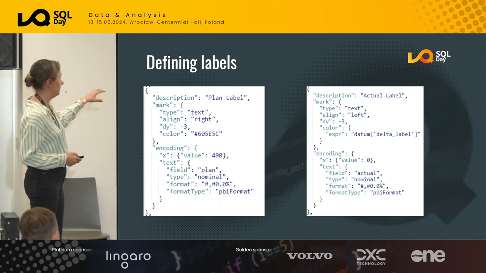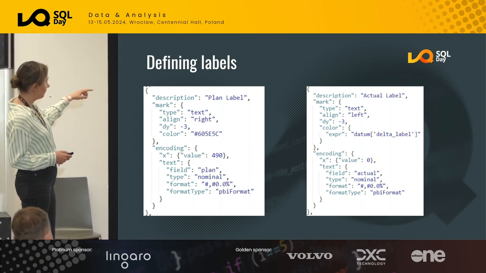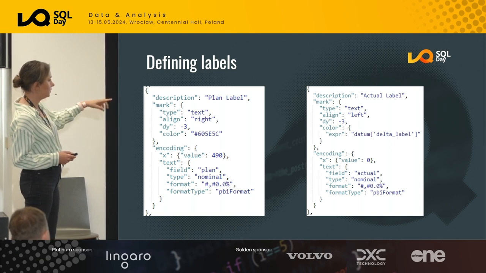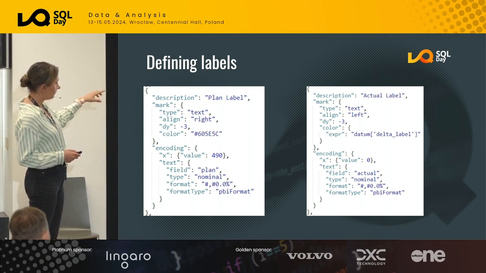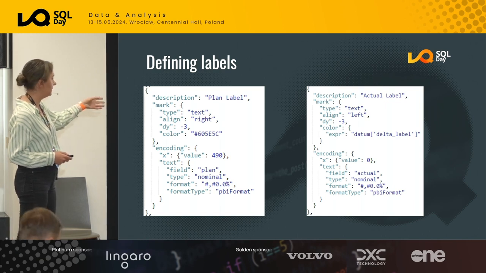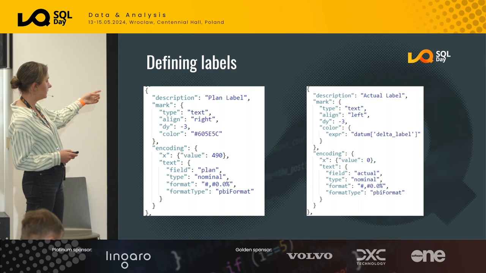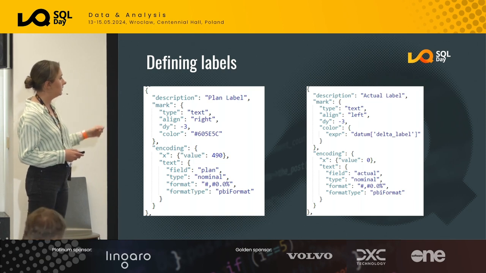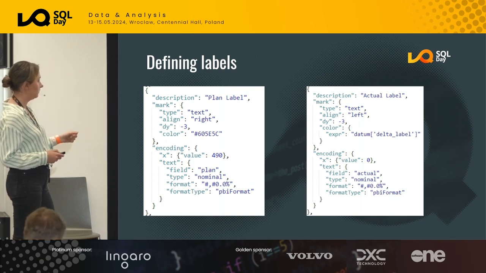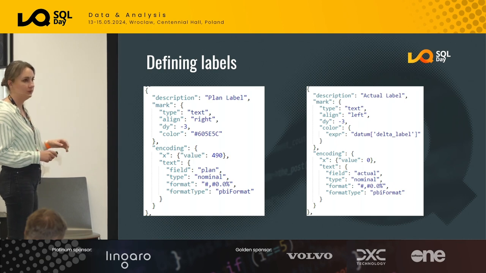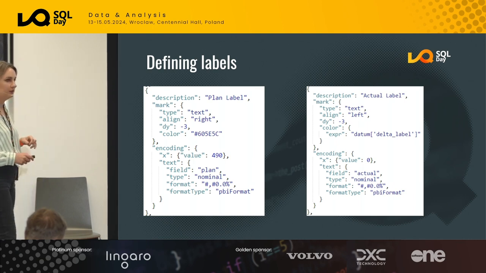It can be just a number here. And then we have the text definition, where we get the 69 and 70 from specific fields. We define the format. Again, we use PBI format. So I hope that it is quite straightforward and doesn't need further explanation.